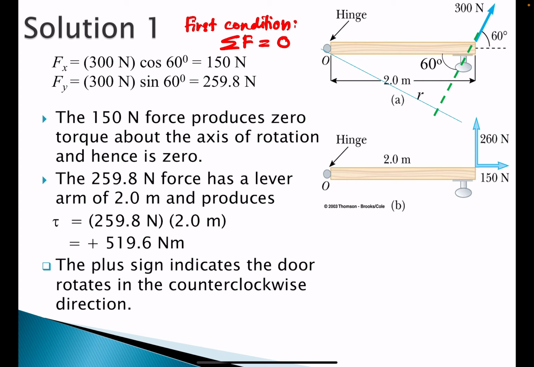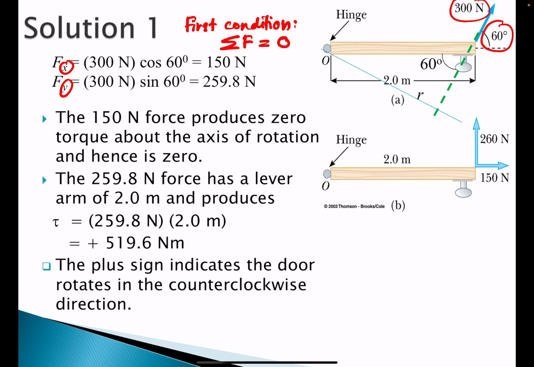Sum of all forces will be equal to 0, whether it is the x component or y component. So you look at the diagram carefully. So you determine the x component first. Either one, y component also can, and x component also, you can do it. And then when you look at the diagram, you can see 300 Newton here, and then there's an angle there, 60 degrees.